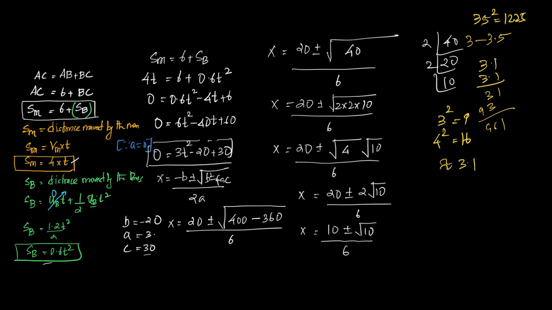So it's approximately equal to 3.1. In which case, what is x is equal to? x is equal to 10 plus or minus 3.1 by 6. Now, when we say 10 plus or minus 3.1 by 6, what do we get? x is equal to either 13.1 by 6, or x is equal to 10 minus 3.1, which would be 6.9, right?